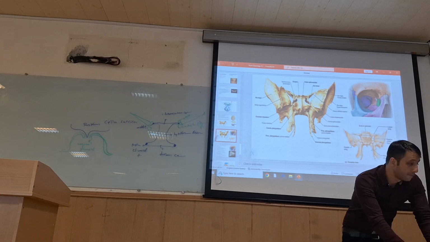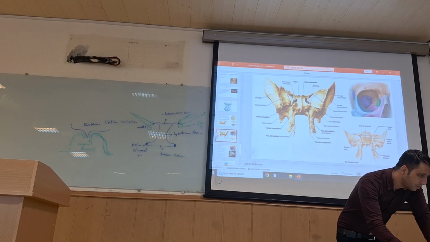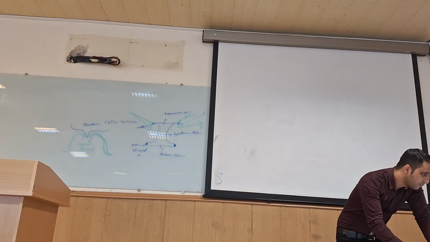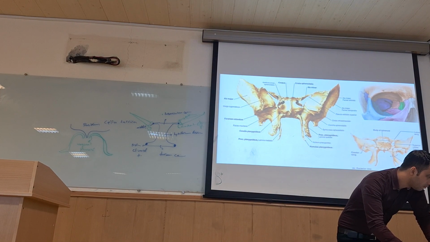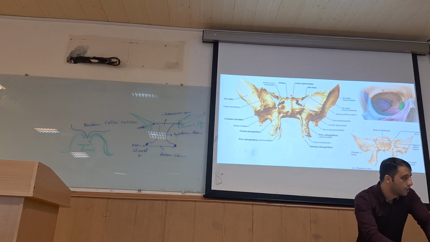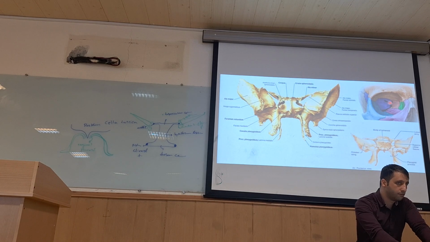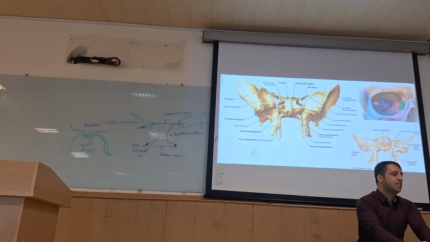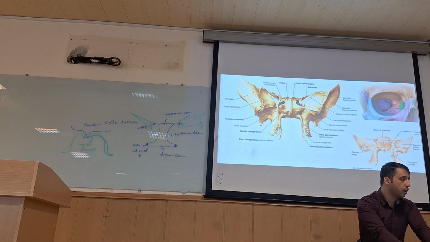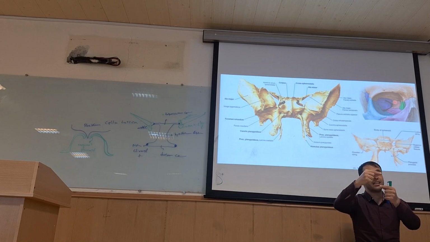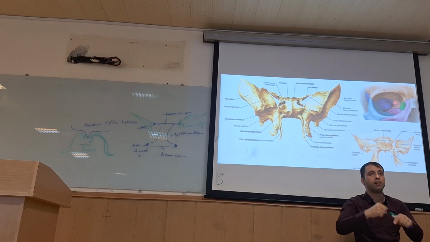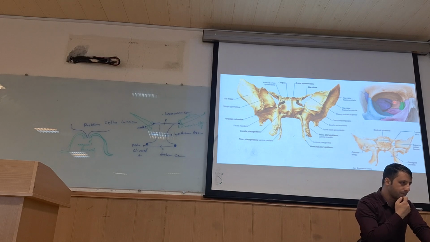Optic canal? Yes, the optic canal. Look at here. It is the optic canal in this view. I said that this is the external opening of the optic canal. The internal opening of the optic canal is located between the anterior and posterior roots of the lesser wing. Okay?